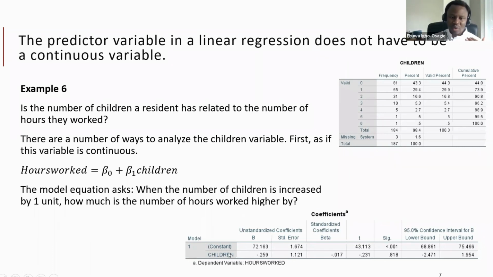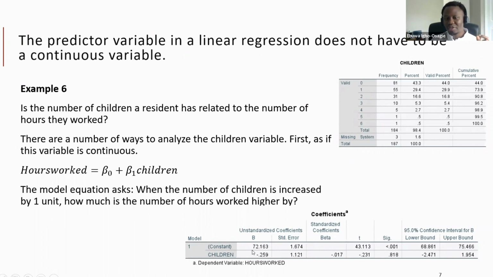So if you have 0 children, you are going to work 72.16 hours.